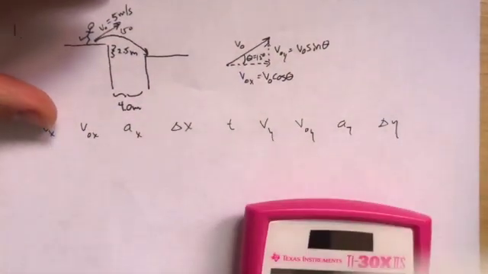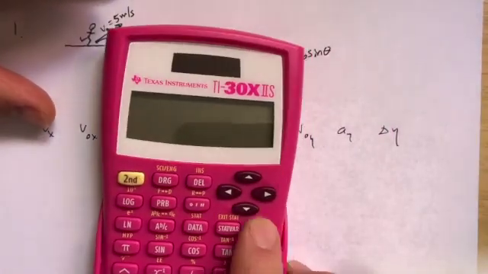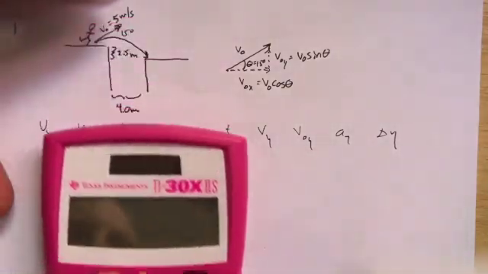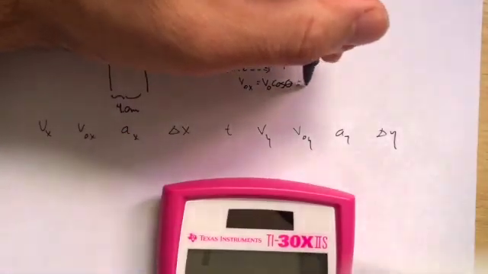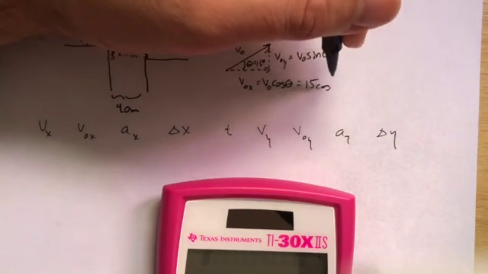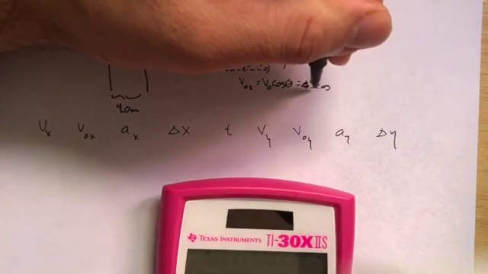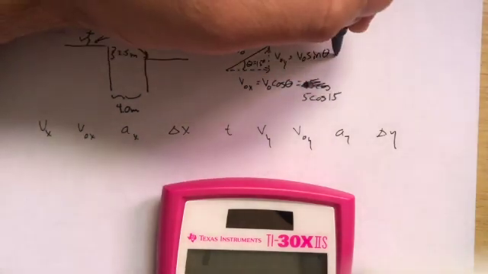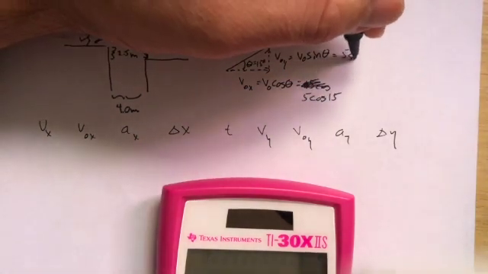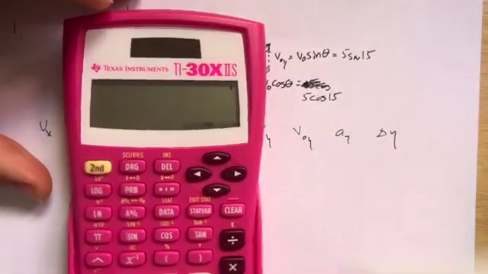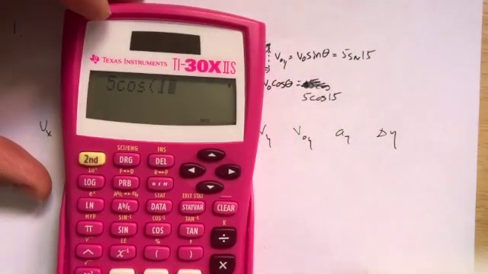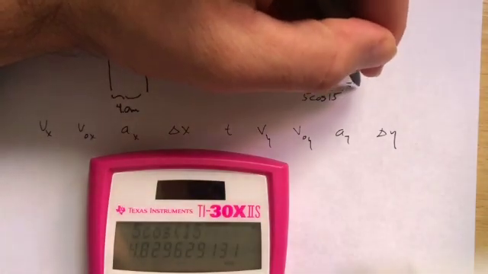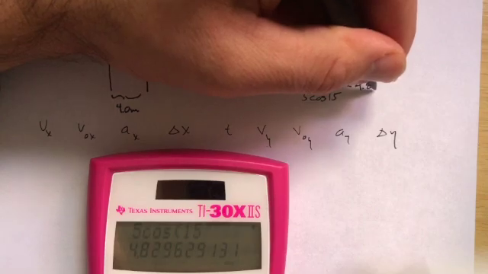All right, so let me figure out what those things are. For the first one, V naught x is going to be, I'm sorry, 5 times the cosine of 15. And for V naught y, it's going to be 5 times the sine of 15. So 5 cosine 15 equals 4.8 meters per second.